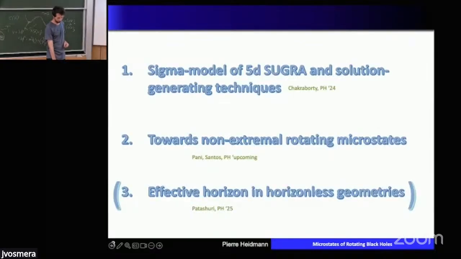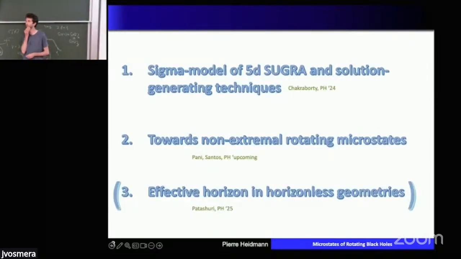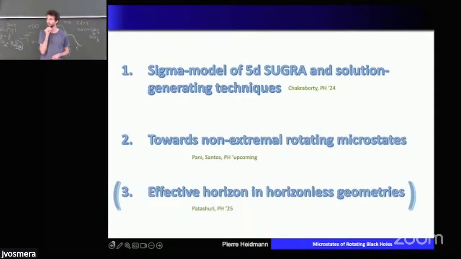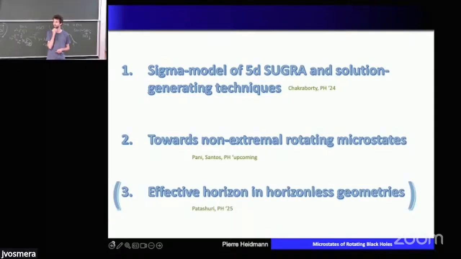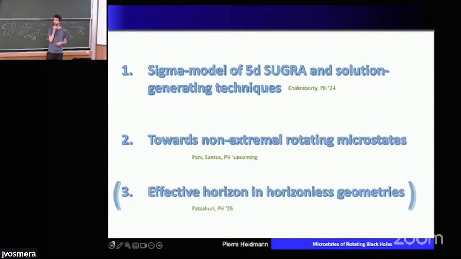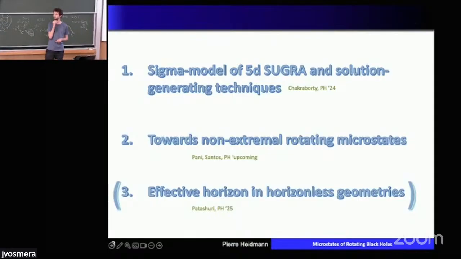Okay, so this is the plan of the talk. We'll start with the technical part, discussing how we can organize the supergravity equations of motion and extract solution generating techniques to build those new non-BPS smooth horizonless geometries.